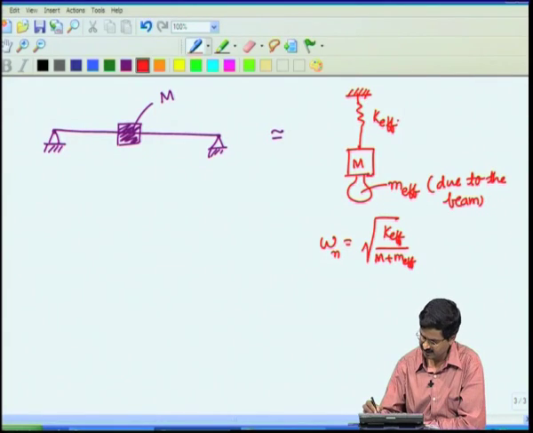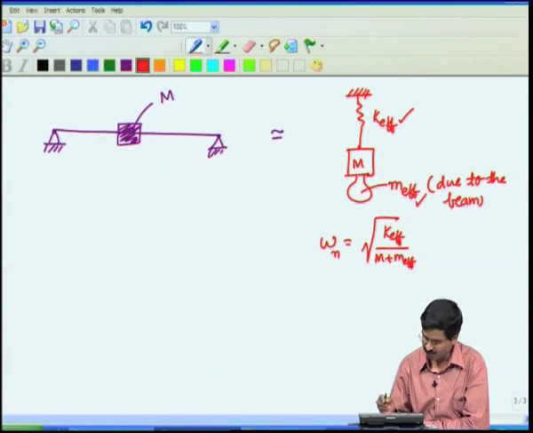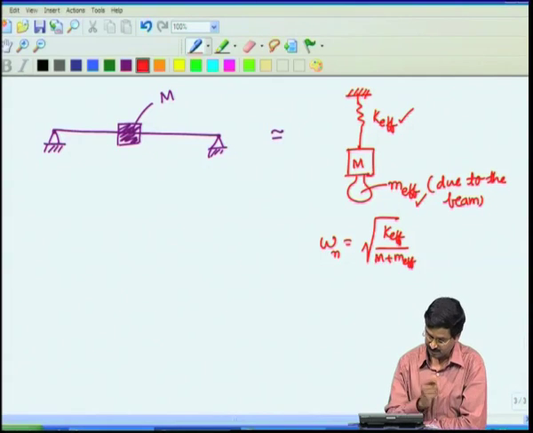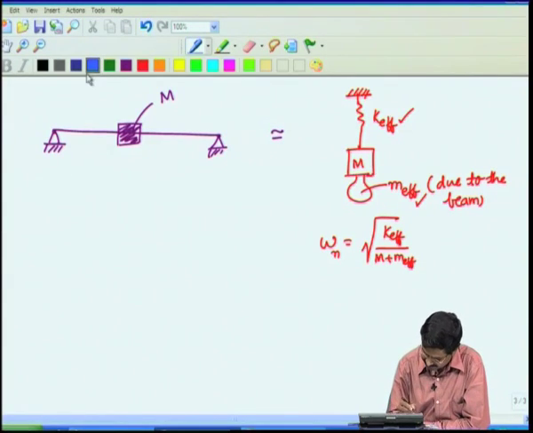So, we need to find this and this. We have already discussed how to find this k effective. That is, if you take the beam theory, this is a beam here, if there is a force in the middle, how much does this beam deflect? Once we know that deflection, we can get the k effective. That is, let us write it here.